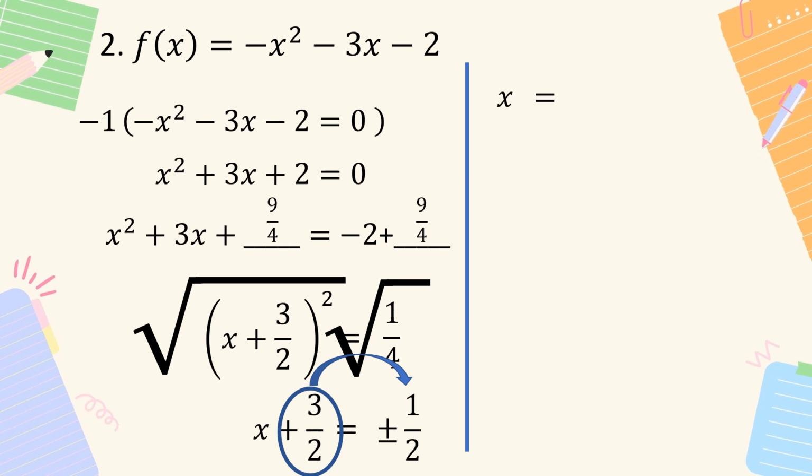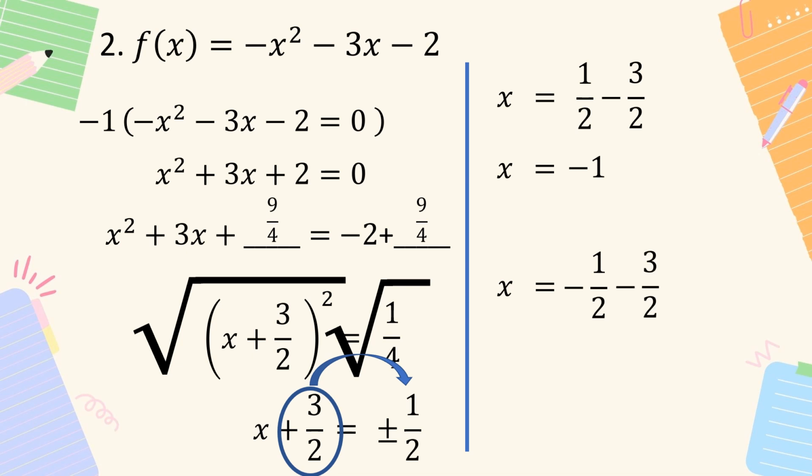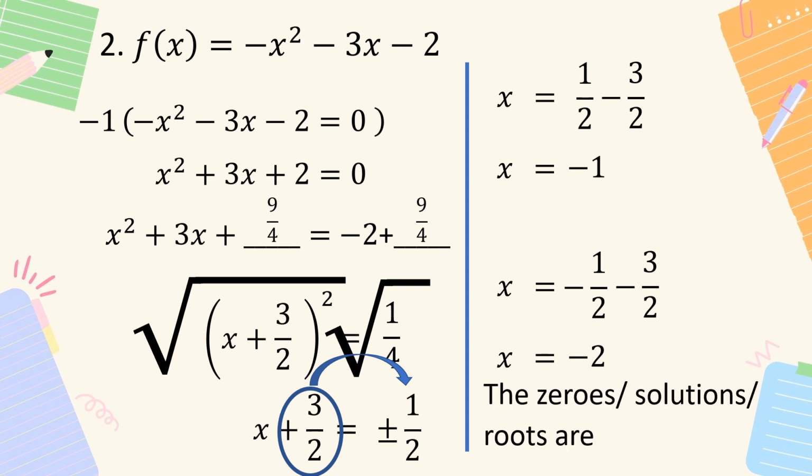So x is equal to positive 1/2 minus 3 over 2, and that is equal to negative 1. And for the other value, we have x equals negative 1/2 minus 3 over 2, which is equal to negative 2. So the zeros, solutions, or roots are negative 1 and negative 2.